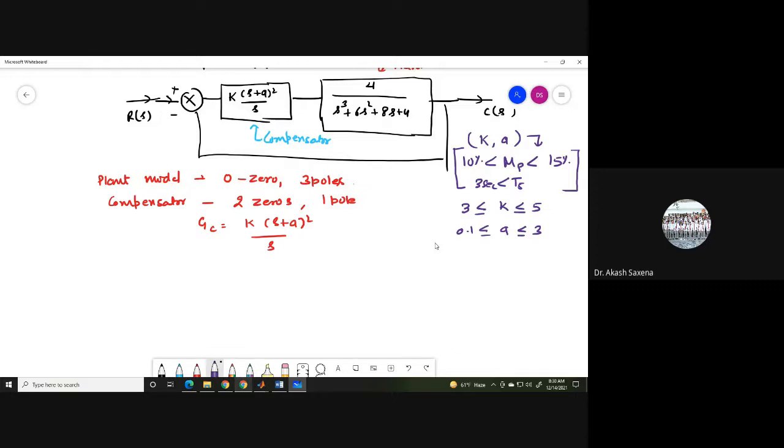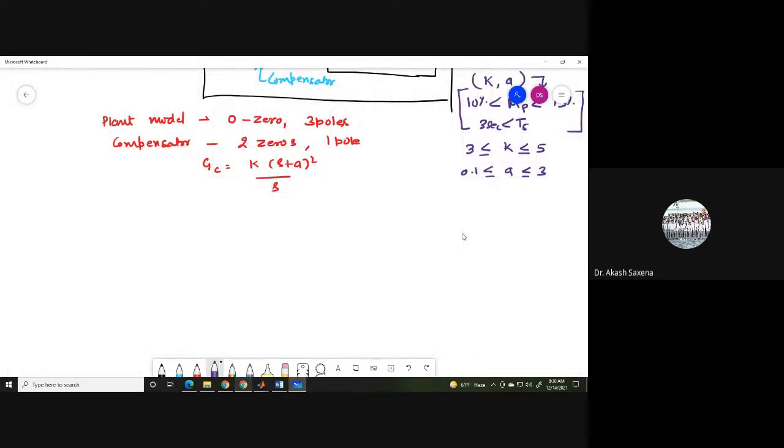Let me write that this is the compensator model, and this capital G is equal to 4 divided by s cube plus 6s square plus 8s plus 4. The closed loop transfer function will be given as G Gc upon 1 plus G Gc.